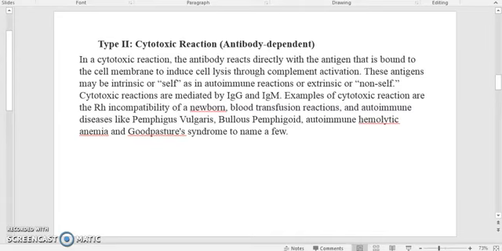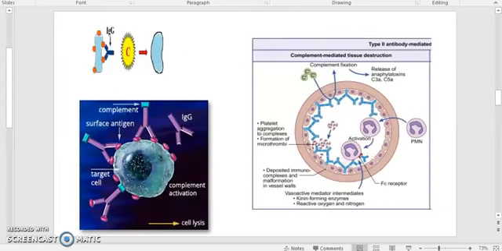In complement mediated hypersensitivity reaction, antibodies react with the cell membrane components, leading to complement fixation.